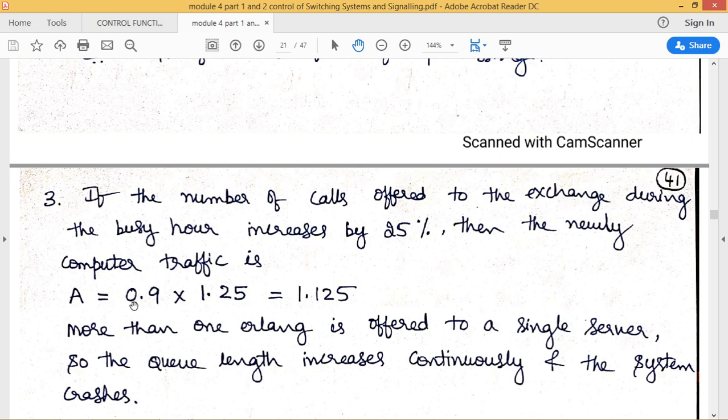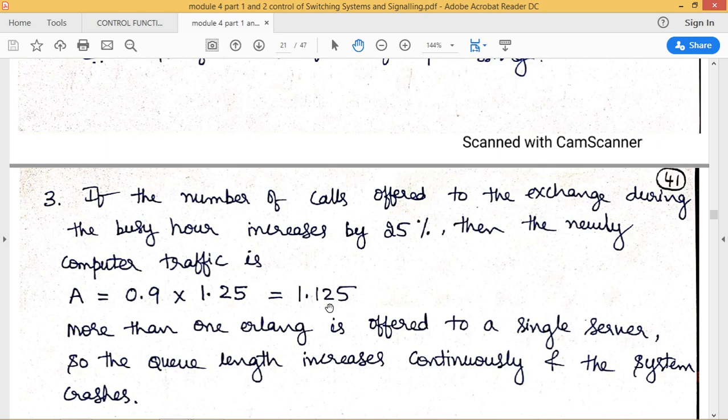Previously the load was just one. Now we have increased it by 25%, so 1.25 must be multiplied with the traffic offered for the one processor which is working fine. When we increase by 25%, it will be 1.125. This is the offered load for the particular processor which is operating.